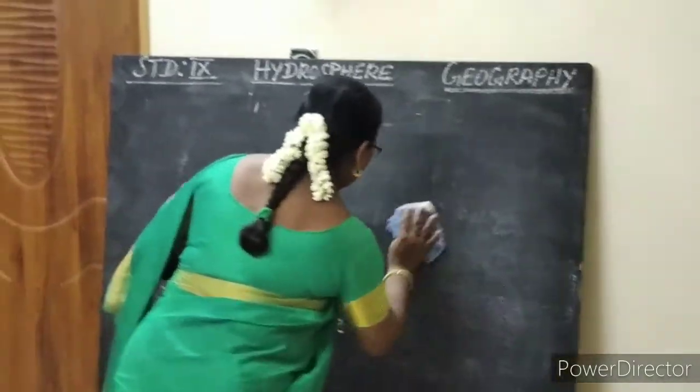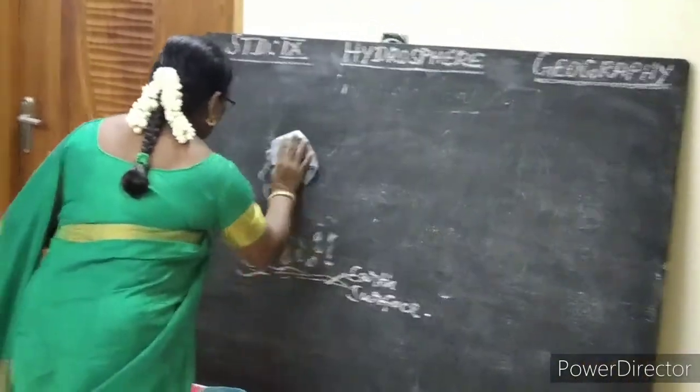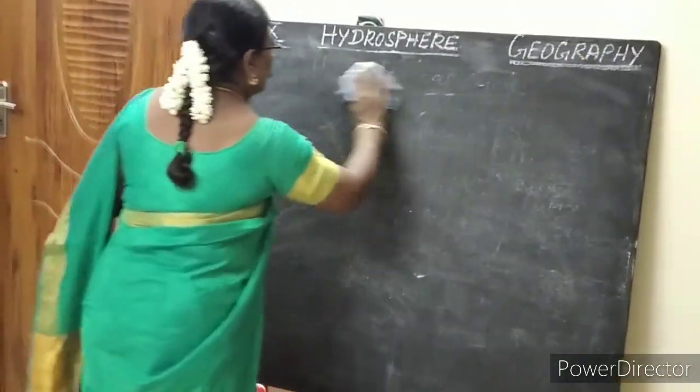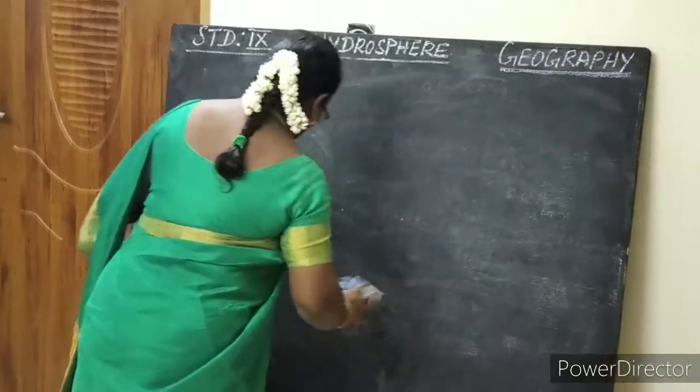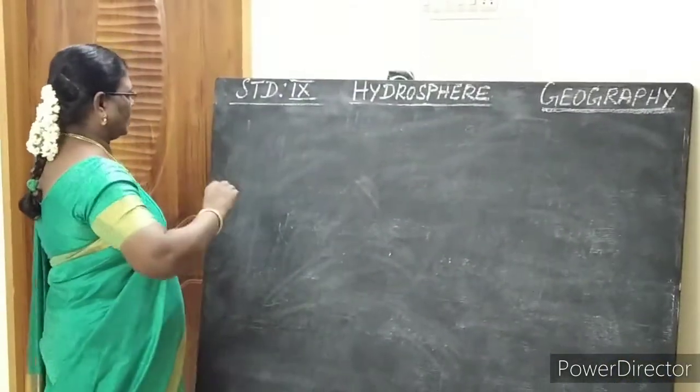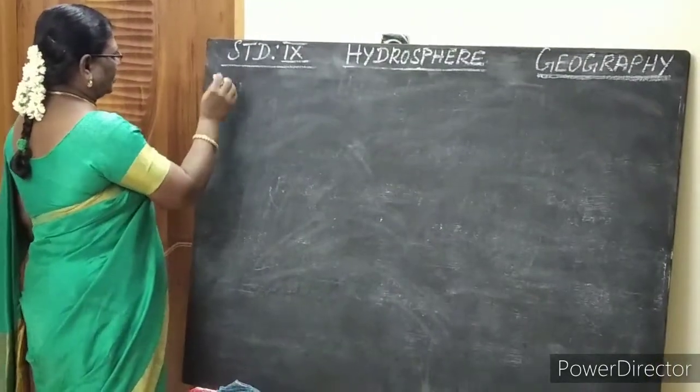Next we will see continents and oceans. Continents and oceans. How many continents are there in the world, children? There are 7 continents. Name the 7 continents.